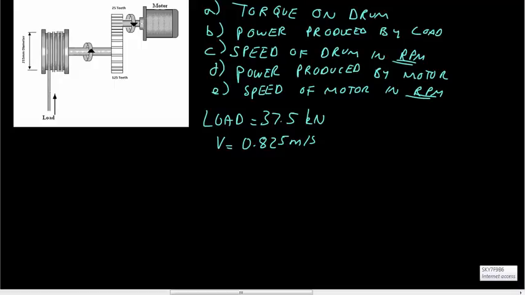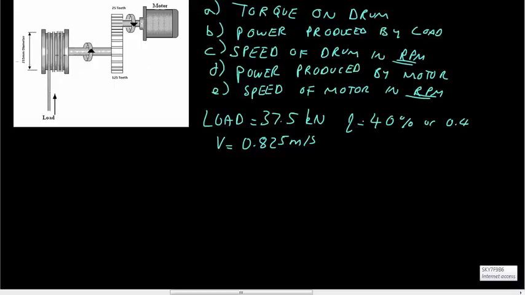We have a linear speed there, and the system is 40% efficient, or 0.4. Okay, so we can see here the diameter of the drum. We're also given the number of teeth on the reduction gear, 125 on the drum and 25 on the motor. So that will help us in the end work out the speed of the motor.